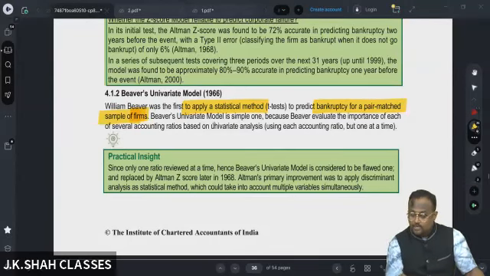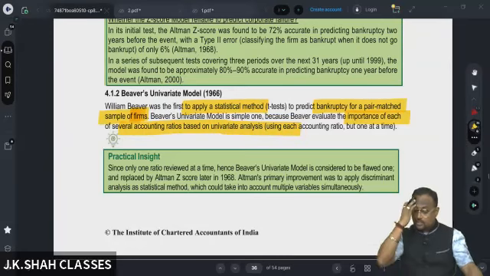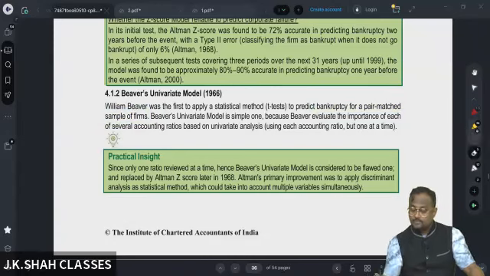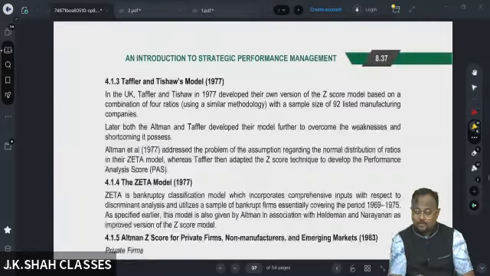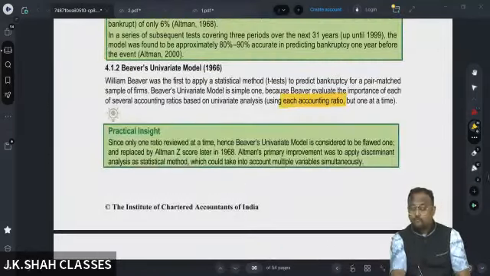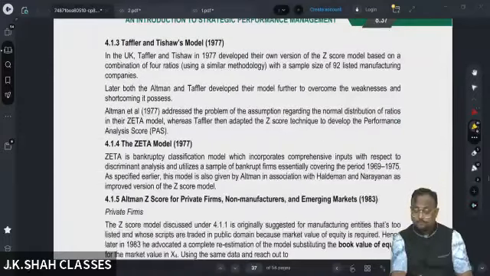Beaver's univariate model is a simple one because he evaluated the importance of each of the several accounting ratios. So it was based on accounting ratios. समझ में आया? There is no predetermined formula. Beaver focuses on accounting ratio.